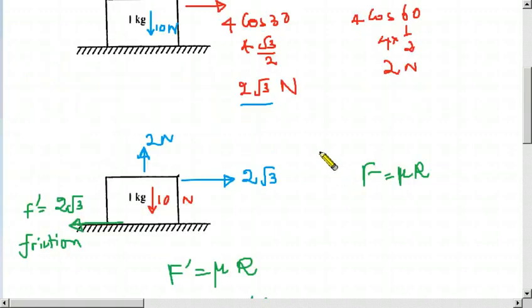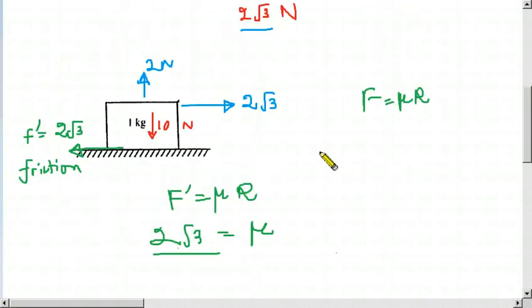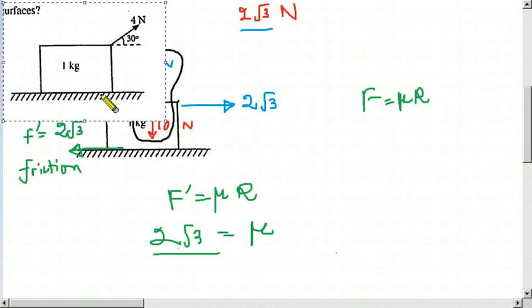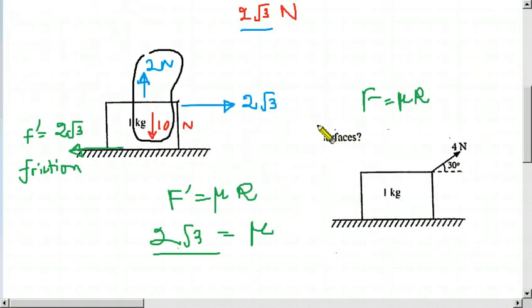Then what is R? We have to simplify it, we still didn't simplify it. So these two forces we have to simplify. Let us mark again.